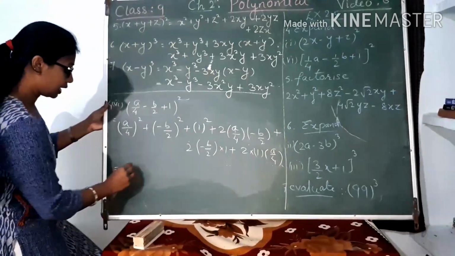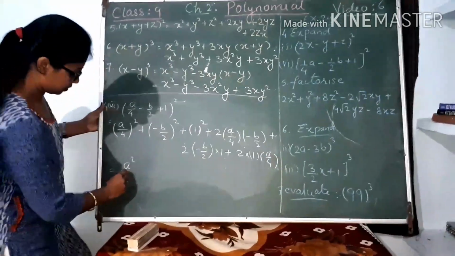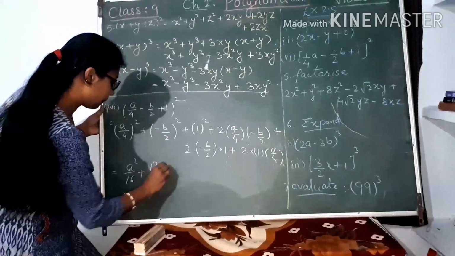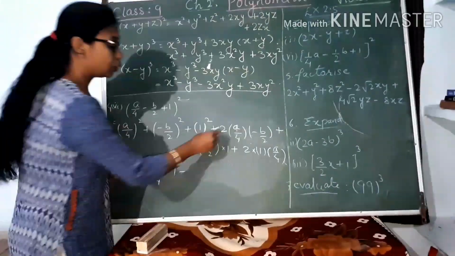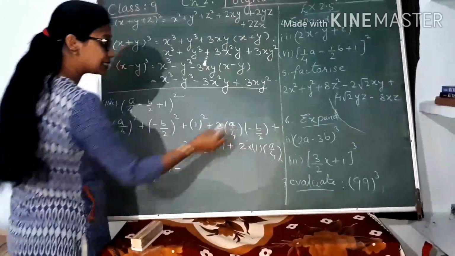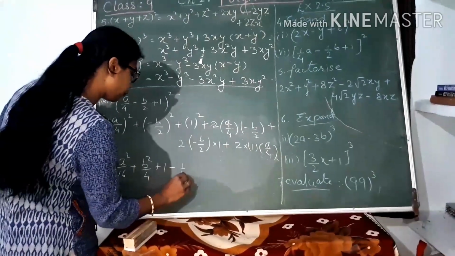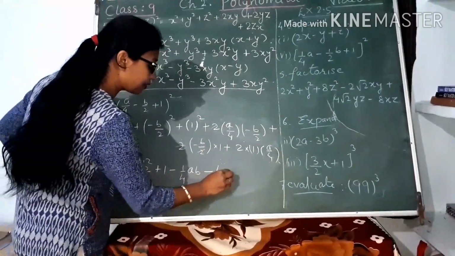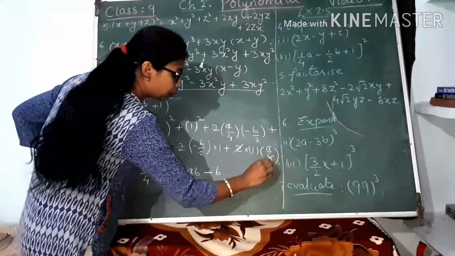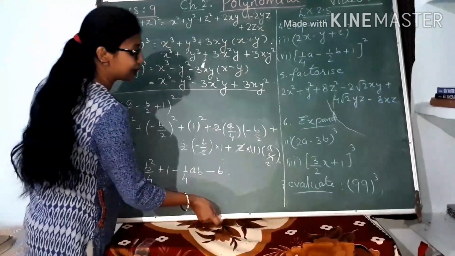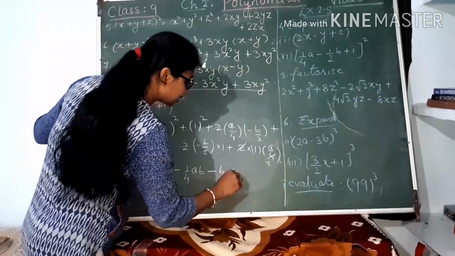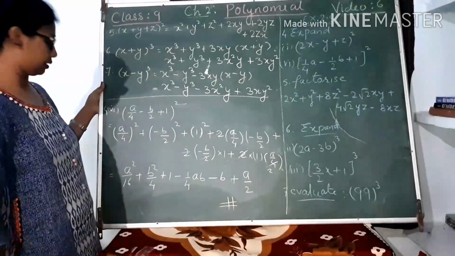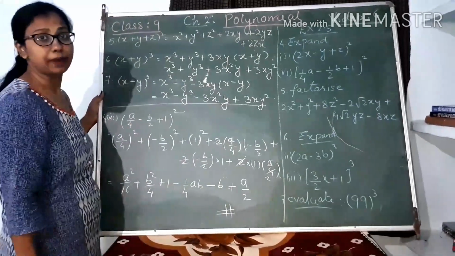Here you will get a square by 16 plus b square by 4 plus 1. 2 and 2 will be cancelled, minus 1 by 4 ab. Then 2 and 2 cancel, minus b will be left. Then 2 and 2 will be cancelled, 2 and 4 will be cancelled. You will get plus a by 2. This is your solution for the 4th question, 6th part.